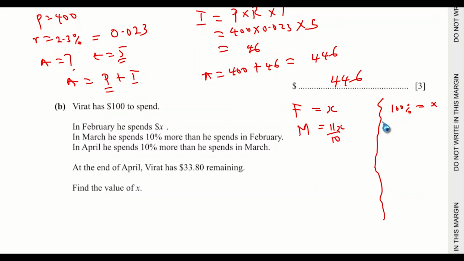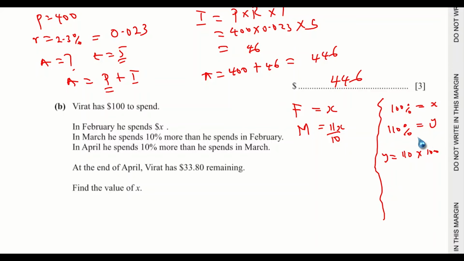If he spends 10% more than what he spends in February, the percentage will be 110, and that will be equal to what? We don't know. You can just say maybe Y, for instance. So if you cross multiply to find Y, Y equals 110 multiplied by 100.